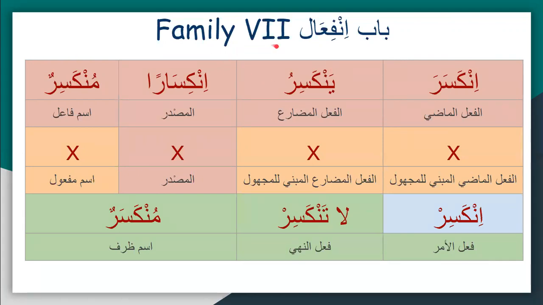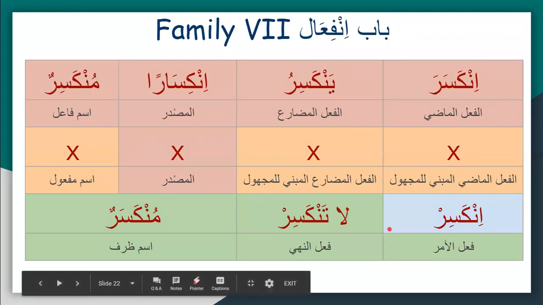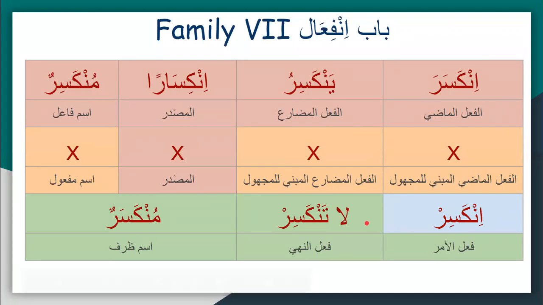And family 7 is always going to be lazim, and lazim doesn't have any passive line. That's why they don't have this line. Inkasara yankasiru inkisaran fahuwa munkasirun. No passive. Al-amru minhu inkasir wa nahyu anhu la tankasir wa zarfu minhu munkasarun.